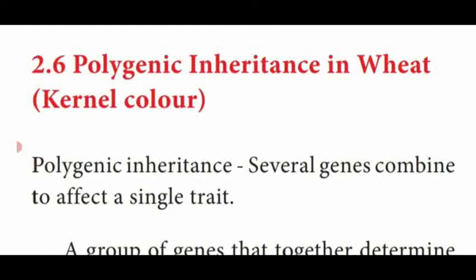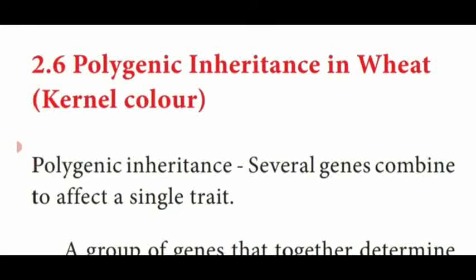Then the lethal gene, a gene with a pair of alleles which causes death of the organism, and pleiotropy, a single gene which determines different characteristic features of the organism. And also intergenic: genes present in different loci with different alleles crossed together show variability in F1 and F2 generation.